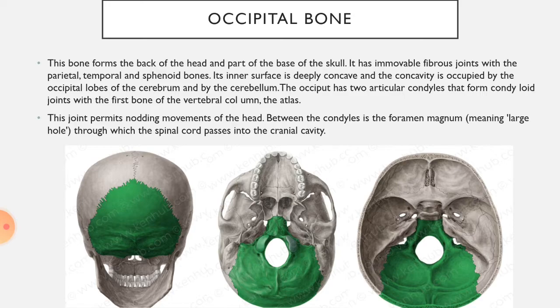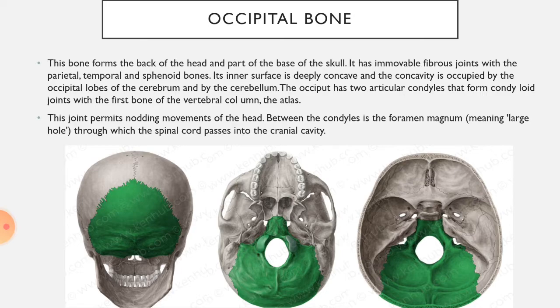column, the atlas. Okay, so now here you can appreciate these two are the condylar processes of the occipital bone, and these are going to join with the C1 vertebra, which is the atlas, and this joint basically is responsible for the nodding of your head.